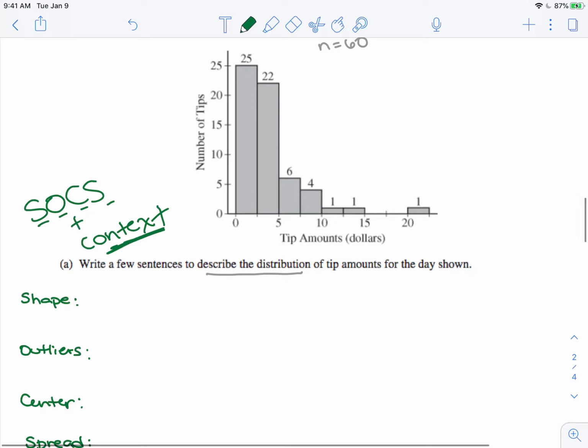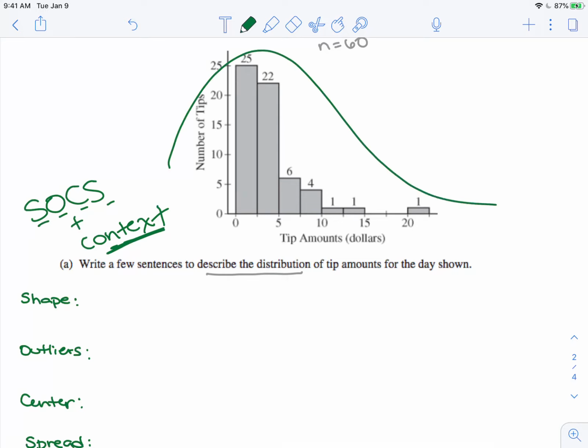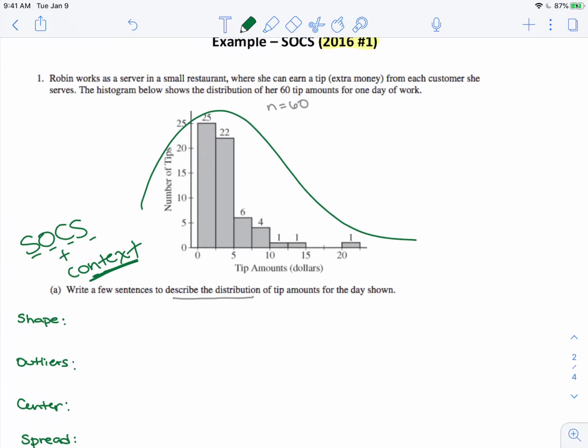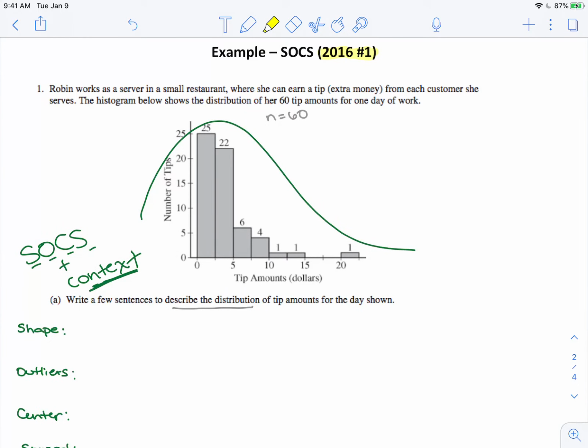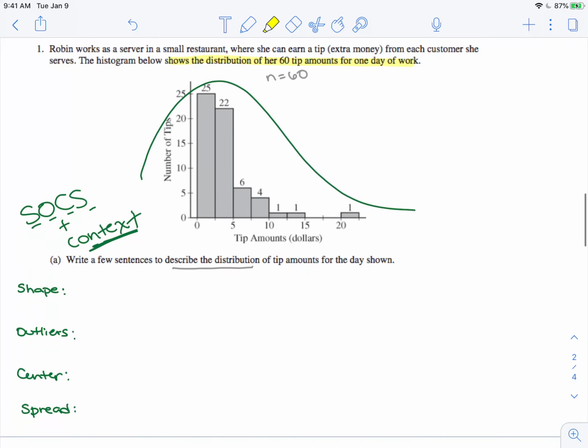So let's look at the shape of this distribution. It is skewed, and then think about your foot. Your big toe is usually over here, and your little toes are over here. So that's your right foot. So this is going to be skewed right. So I'm going to take the context. Distribution over 60 tip amounts from 1 day of work. Okay, that's my context right there.